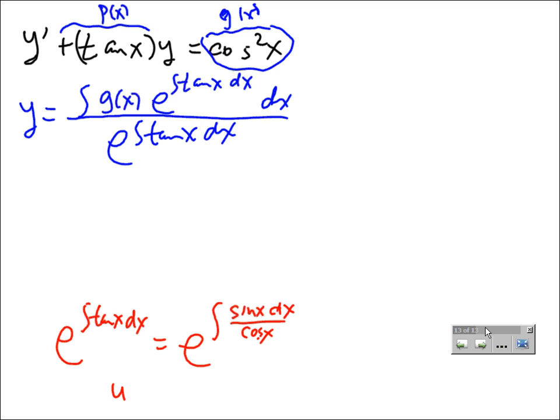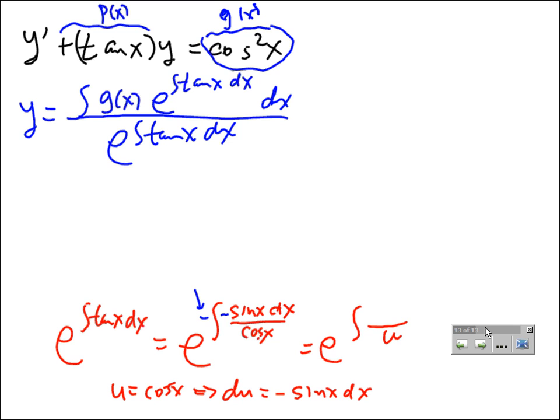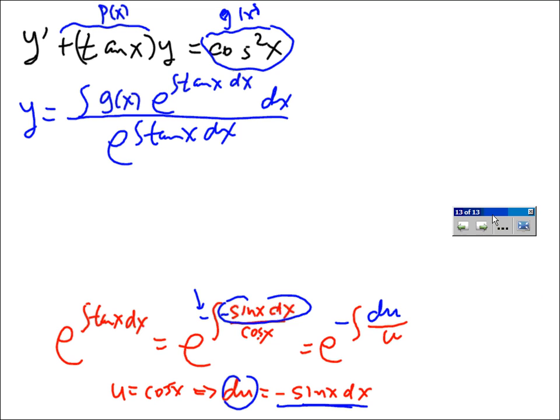Now, if I let u be cosine x, then du is negative sine x dx. If I put in a minus and I take out a minus, I'm okay. That minus is right here. Negative sine x dx, that's du. Ooh, I know that integral.